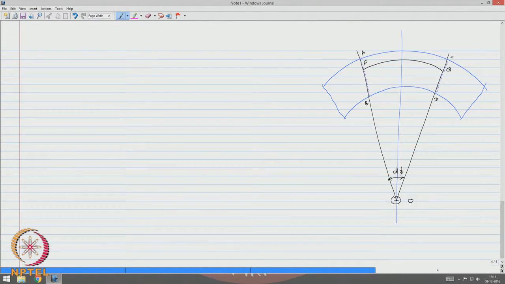Let us say the centroidal axis is marked as x x.